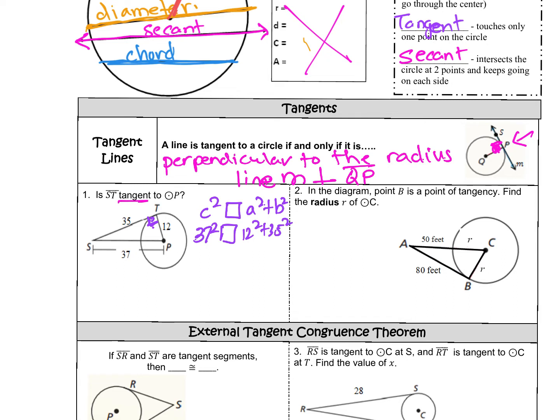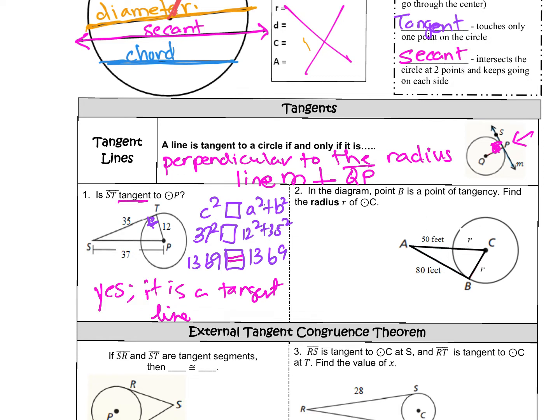When I combine these, 37 squared is 1,369. And 12 squared plus 35 squared is also 1,369. So when we put this in our box, it is equal to. So is it a tangent line? Yes, it is a tangent line.